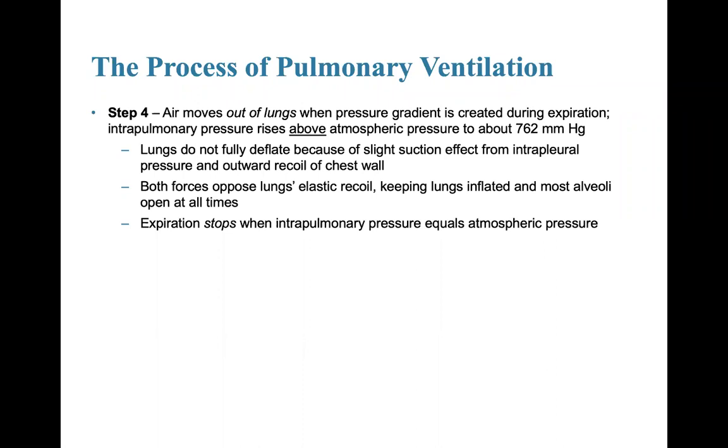So you're decreasing the volume in the lungs, which is going to increase the pressure to, say, 762. And what happens then is air will move again from higher to lower. It's going to end up moving out of the lungs.